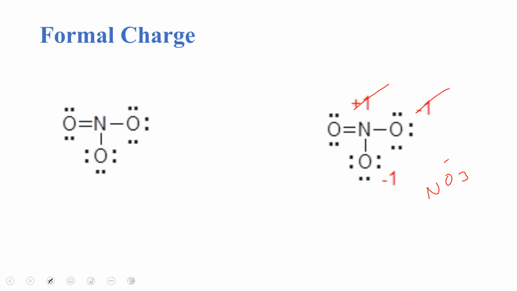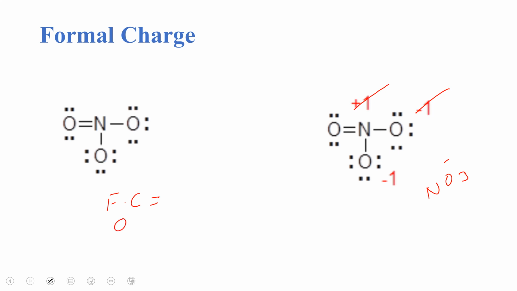So let's see, for one oxygen, if you just look at this one, the formal charge calculation is done individually for each of the atoms in a molecule, not for the molecule as a whole, right?